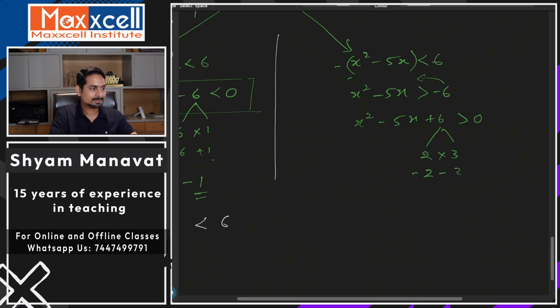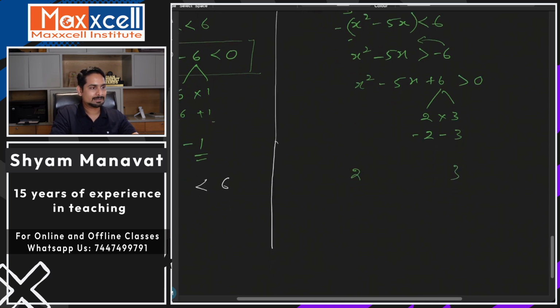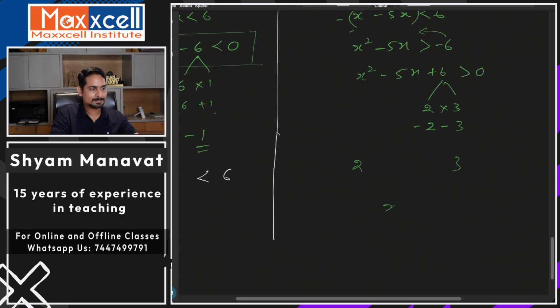So what will be the roots in this case? Roots in this case will be plus 2 and plus 3. Alright. Now here we will say x is more than 3 or less than 2.